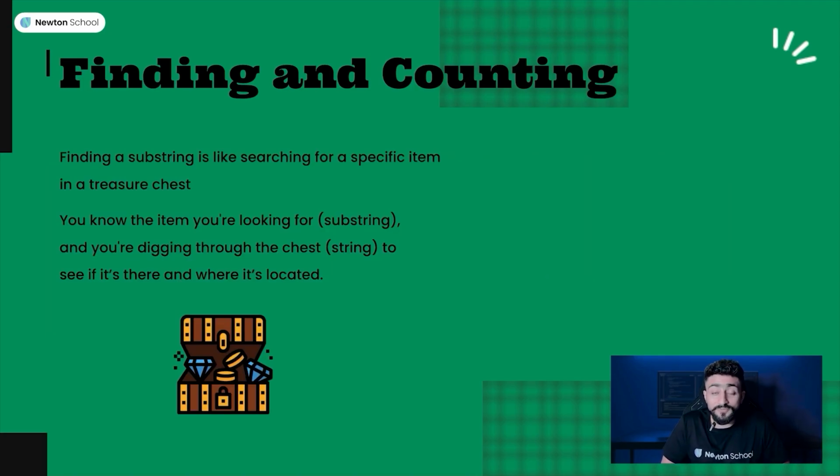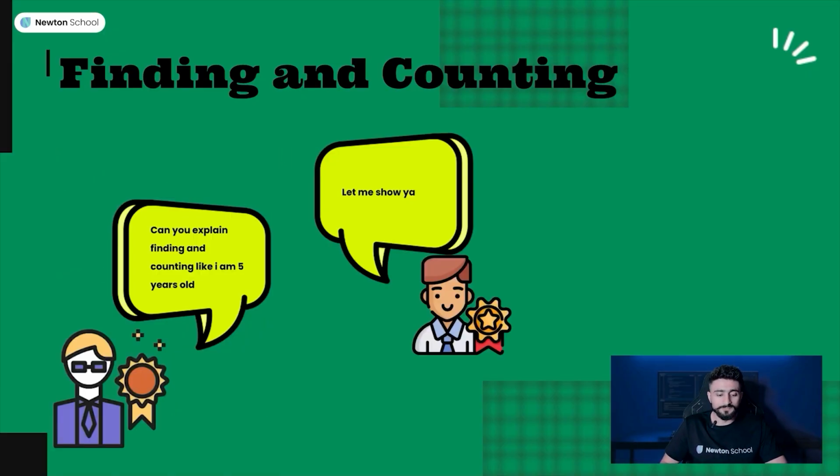Now next is finding and counting. If you want to look for something in the string, that means finding. You are finding some substring in the string. And if you want to count some characters in the string, that's what counting is. So let's see how we can explain it in simple words.